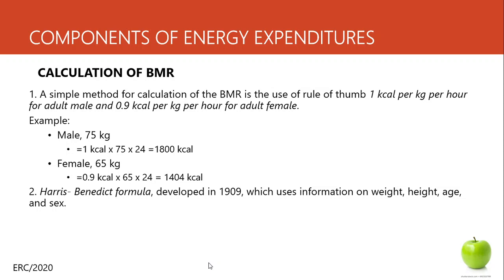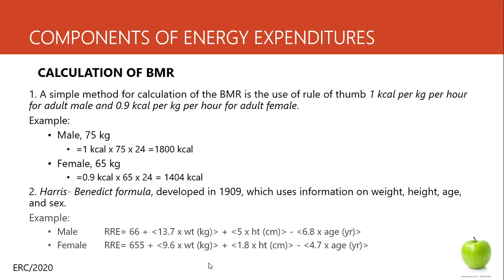Another method is the Harris-Benedict formula developed in the year 1909, which uses information on weight, height, age, and of course gender. These are the formulas for the male for the required energy expenditure. We have 66, which is given, a constant. Then 13.7 multiplied by the weight, then 5 multiplied by the height in centimeters, then 6.8 multiplied by the age.